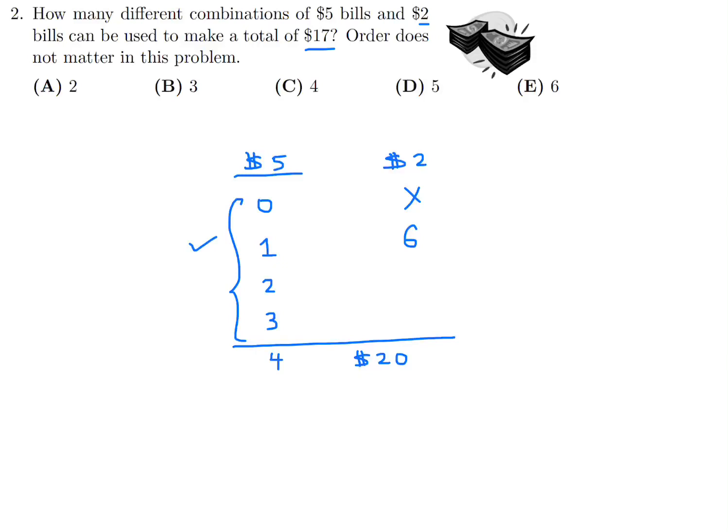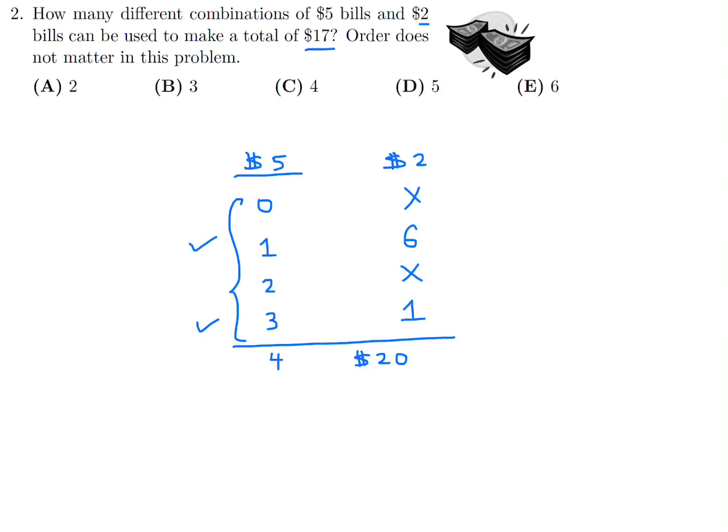Can you get $7 with $2 bills? No, for the same reason: 7 is odd and 2 is even. How about three $5 bills? That gives $15, and that would leave $2 remaining, and you can get that with one $2 bill. So these are the scenarios.